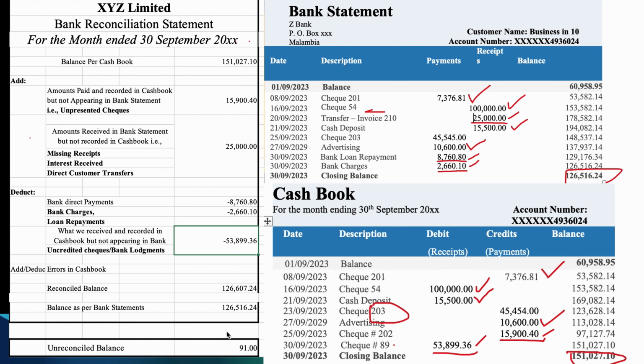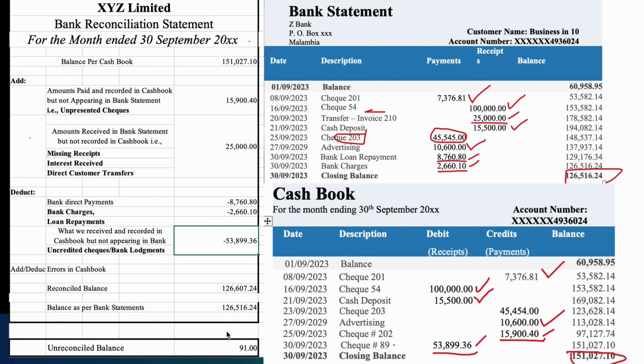That transaction we are mentioning is check number 203. That check was correctly recorded in the bank statement as 45,545, but it was recorded incorrectly in the cash book as 45,454.